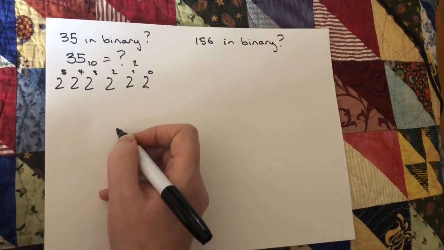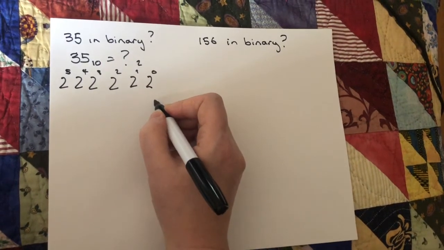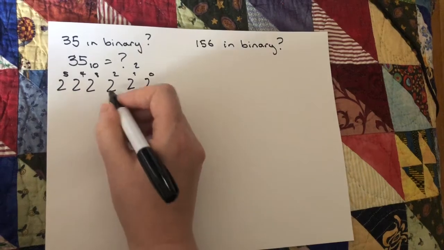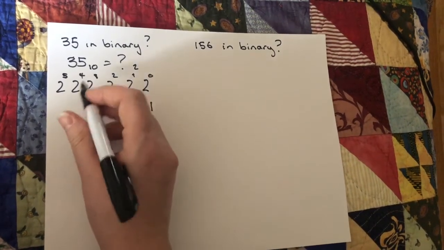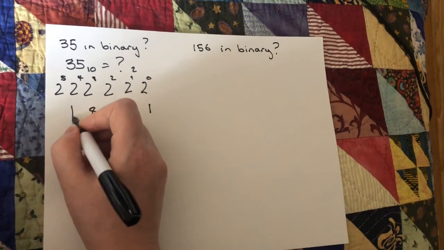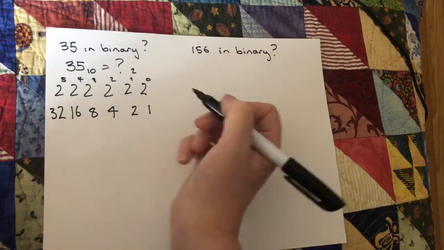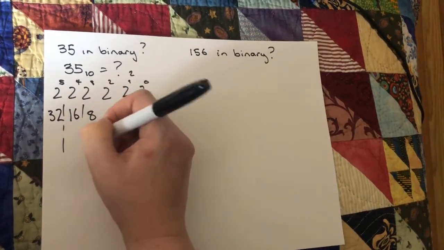Now if I write those without the exponents, that would be 1, 2, 2 to the 2 is 4, 2 to the 3 is 8, 2 to the 4 is 16, and 2 to the 5 is 32. So these are the columns.